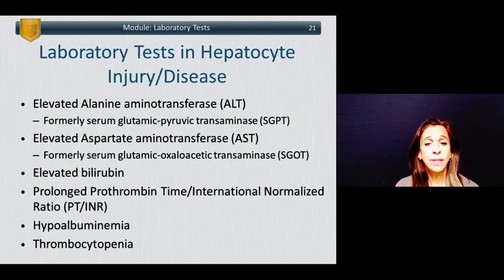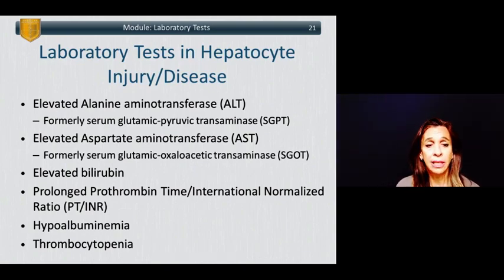Specifically, ALT is alanine aminotransferase, and this is elevated with liver disease and injury. It was formerly called serum glutamic pyruvic transaminase, or SGPT. Aspartate aminotransferase, or AST, is elevated with liver disease and injury. This was formerly called serum glutamic oxaloacetic transaminase, or SGOT.